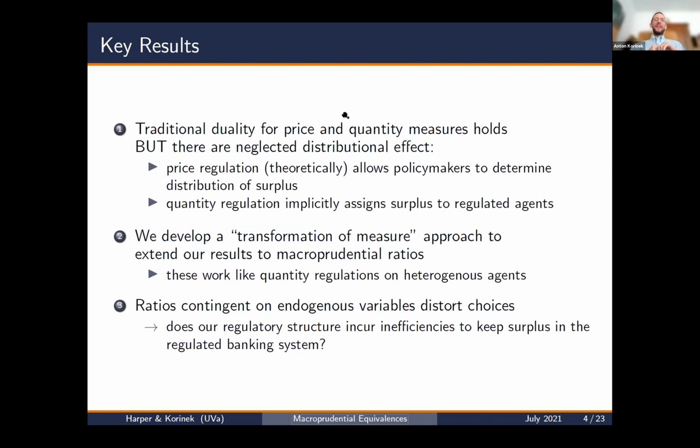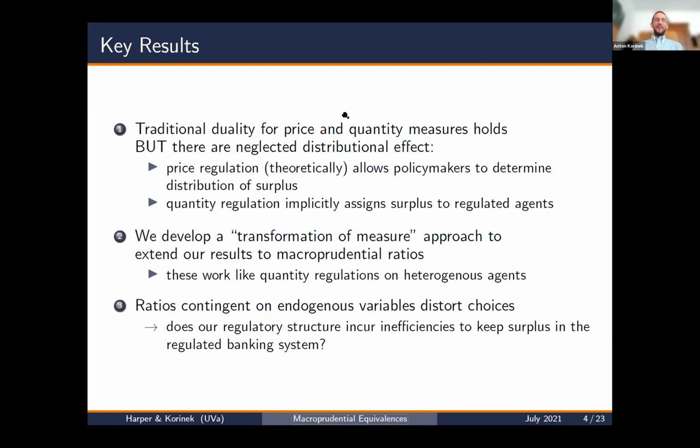We then develop an analytic tool, we call it a transformation of measure, to extend our results to macroprudential ratios. We show the specific technical conditions under which they work like quantity regulations, but now on heterogeneous agents of different size. And we will also look at the effects of ratios that are contingent on endogenous variables. We will show how and why they distort certain choice variables.